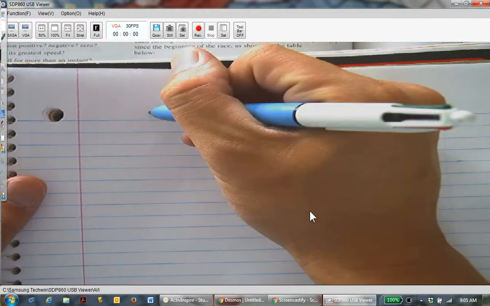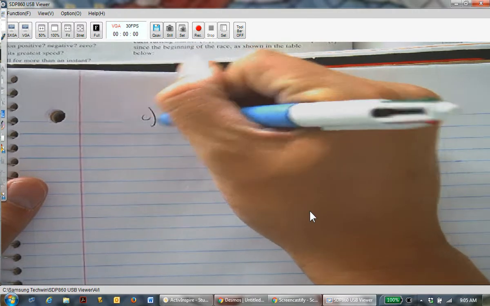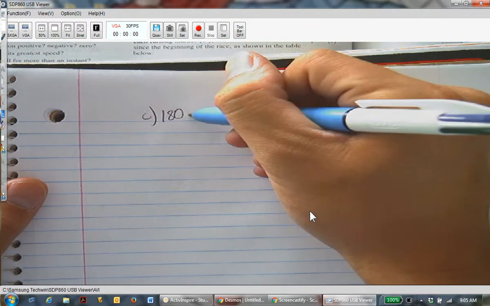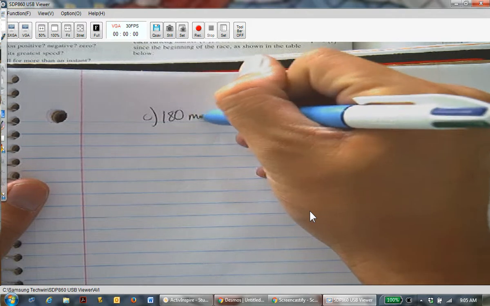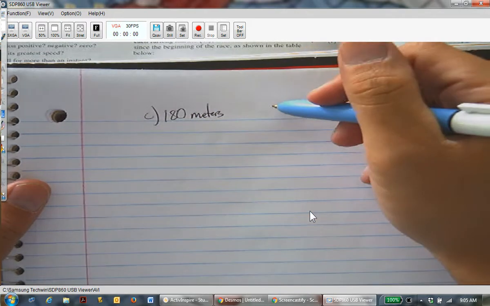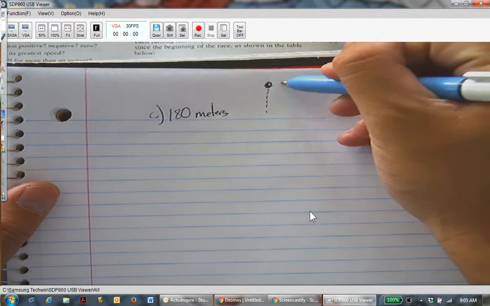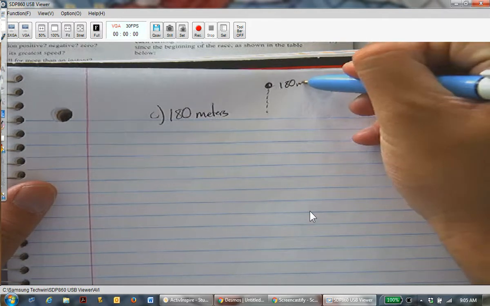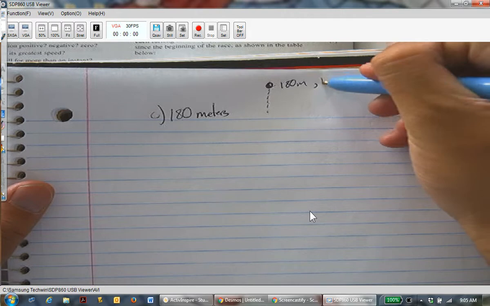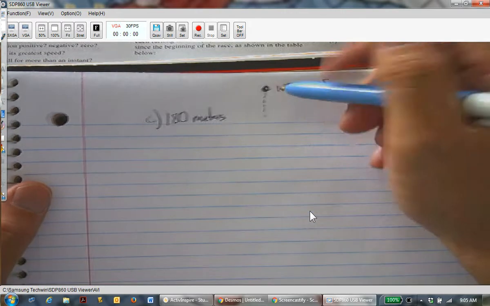Okay. So we found out the maximum height from C was 180 meters. That's where we threw the object up in the air, and that's where it was at 180 meters. We found out also that is 15 seconds of our time. That's where the rock was.